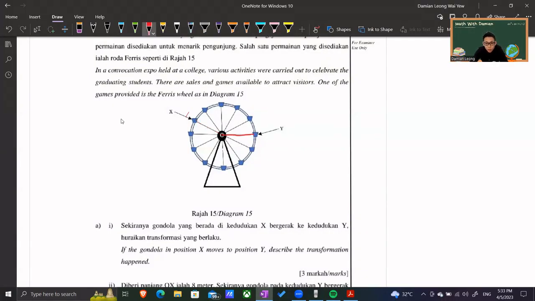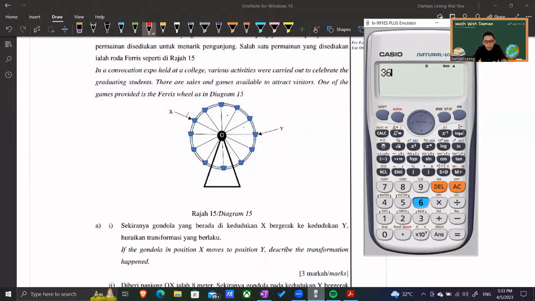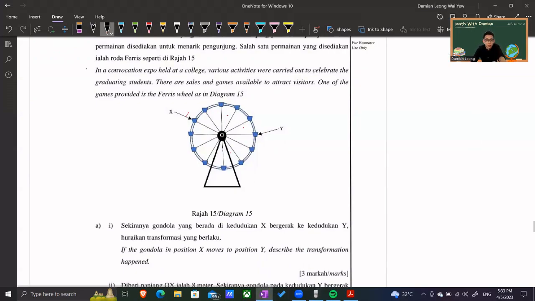So let's look at this. What's the angle? There are 1, 2, 3, 4, 5, 6, 7, 8, 9, 10, 11, 12 of these triangles. So I first take 360 divided by 12, 30 degrees. So here will be 1, 2, 3, 4, 5, 5 of it. So 5 times 30, 150 degrees.